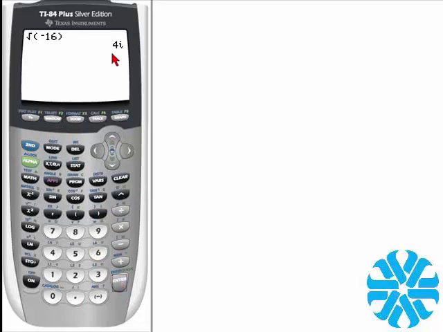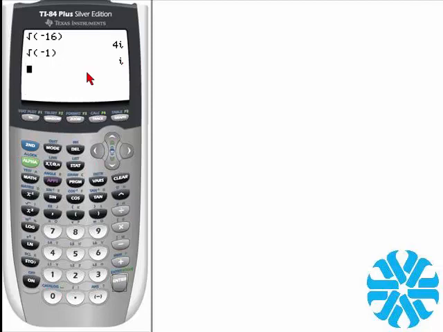So it gives us our answer as a complex number, a plus bi, where a is the real part and b is the imaginary part. Of course, in this case, a is equal to 0, and the imaginary part is 4i. So if we took the square root, let's say, of negative 1, so second function, and then the square root of negative 1, we should just get i. So we select enter, and there we have it.